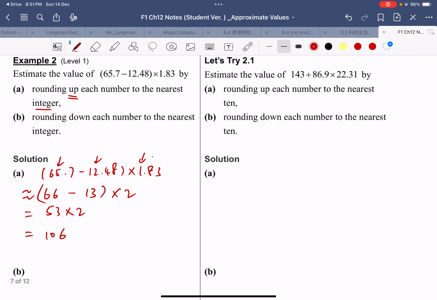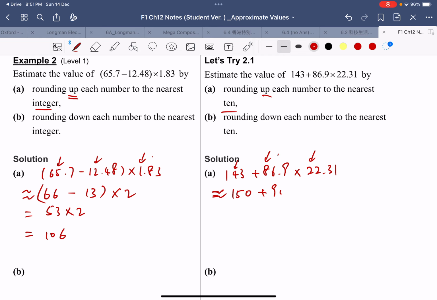Alright, continue, copy. Approximately equal to nearest 10, up. Okay, this is 10, 10, 10. Go up, 150.